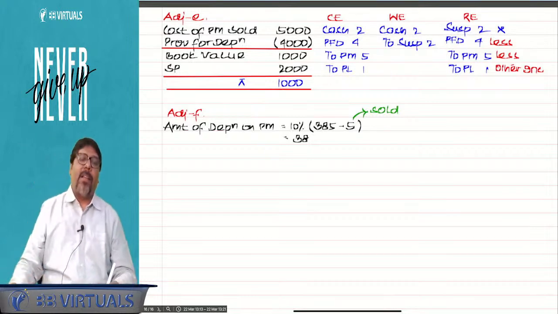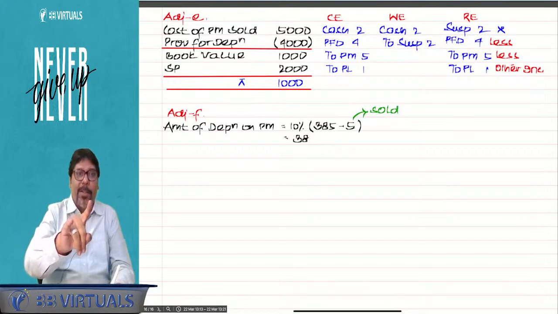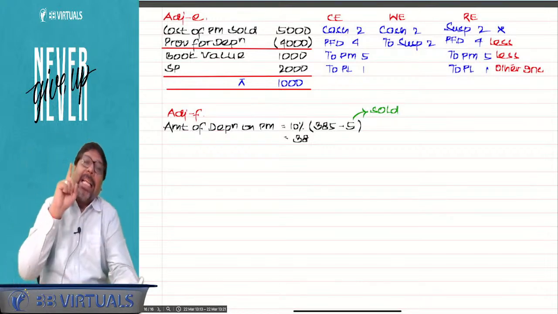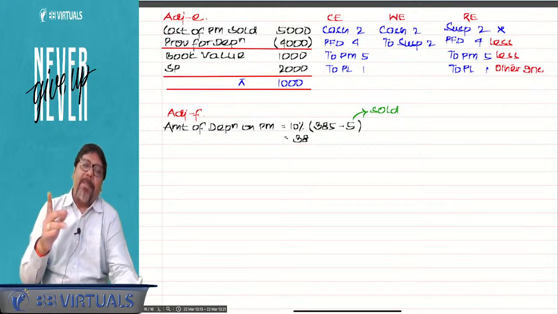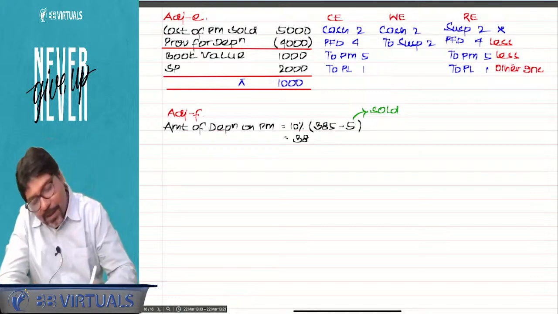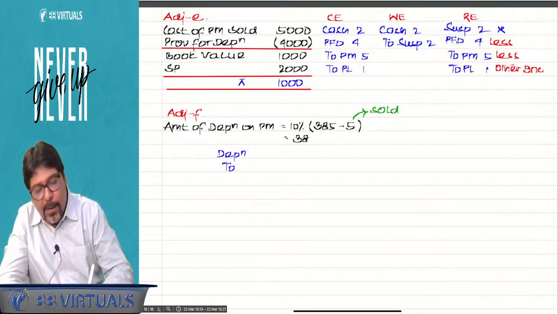Depreciation to provision for depreciation. Yes or no? Whenever there is provision for depreciation, you will pass depreciation to provision for depreciation.